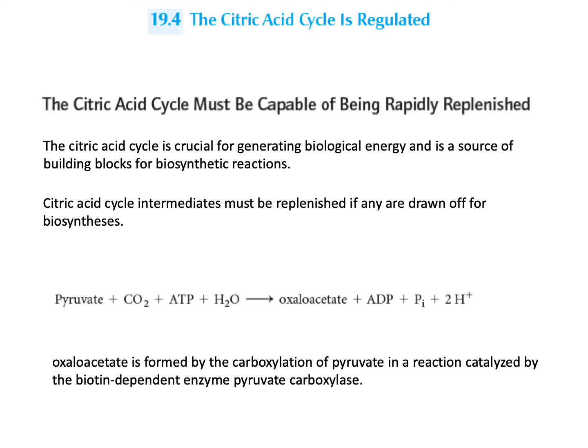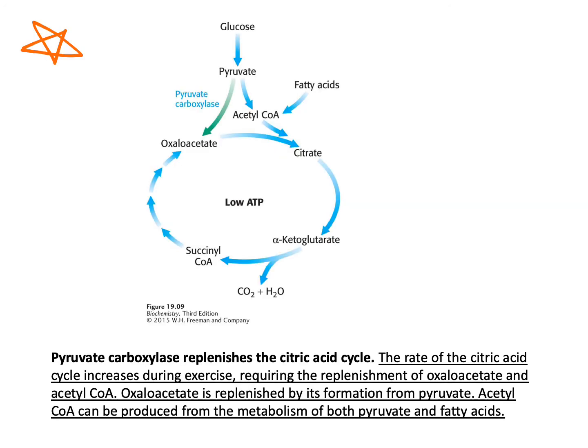The key intermediate oxaloacetate is formed by the carboxylation of pyruvate in a reaction catalyzed by the biotin-dependent enzyme pyruvate carboxylase. We learned that before. Pyruvate carboxylase replenishes the citric acid cycle.